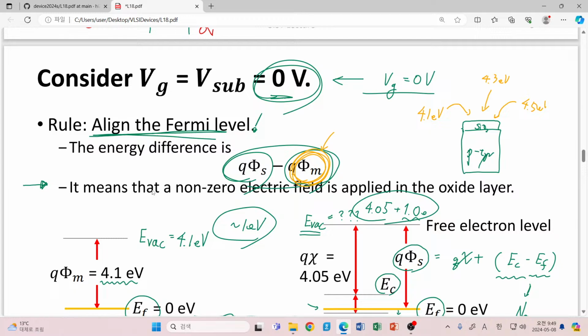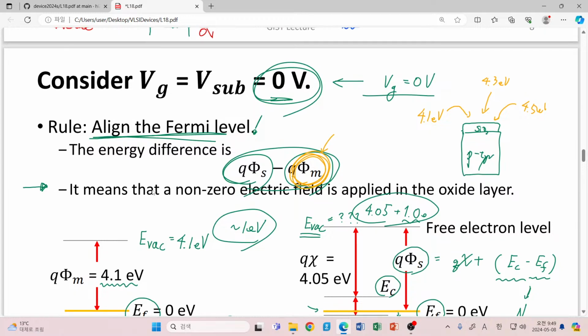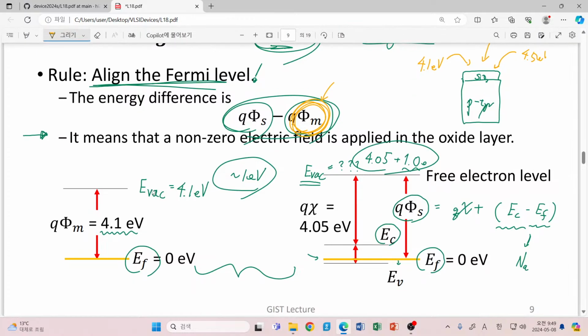For example, now think about two different directions. In this MOSFET, let's say instead of 4.1, you now have 4.5 electron volt. Then what will happen? If you have this kind of enlarged, higher value of work function, then your vacuum level is no longer attached to 4.1. Instead, your work function will show a value corresponding to 4.5 electron volt.